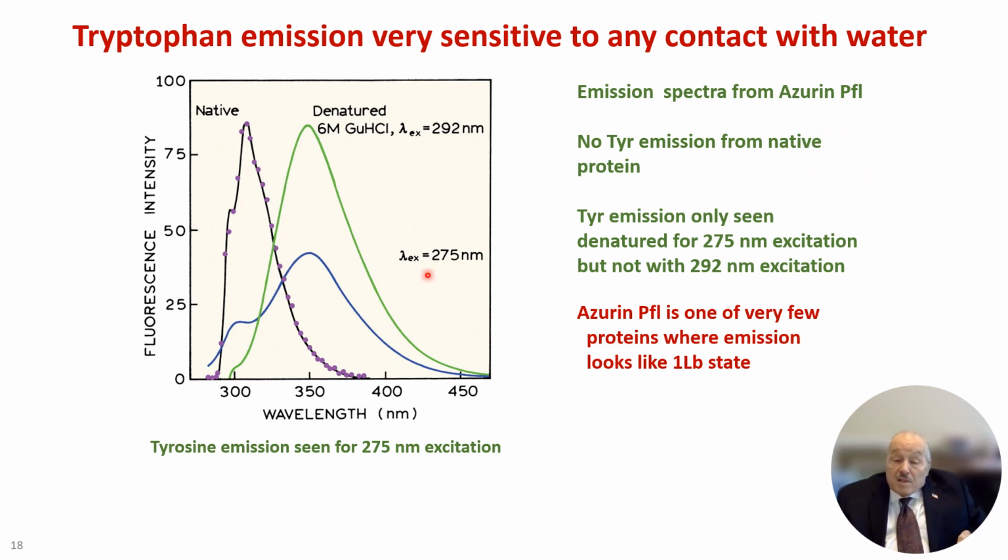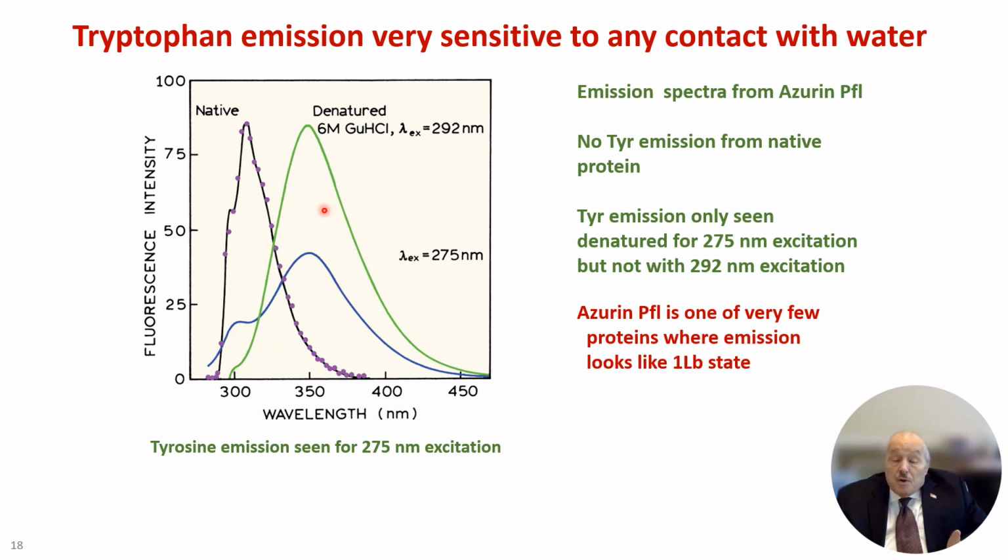And if you look at the native protein, and if you excite it at 285, it looks like the 1Lb spectrum, the structured emission, as opposed to the commonly observed longer wavelength emission. If you denature the azurin, of course you expose the tryptophan residues to the solvent.